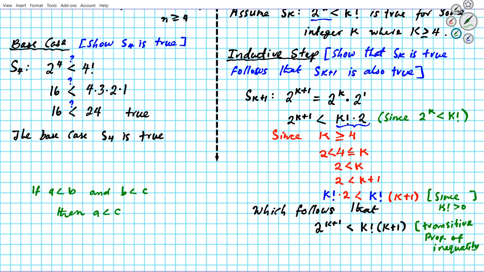Now we're going to use the definition of factorial to simplify the right side. All right. What is k factorial times k plus 1? k factorial times k plus 1 is like we are reassembling the factorial numbers. Okay, so k factorial times k plus 1 is simply k plus 1 factorial.